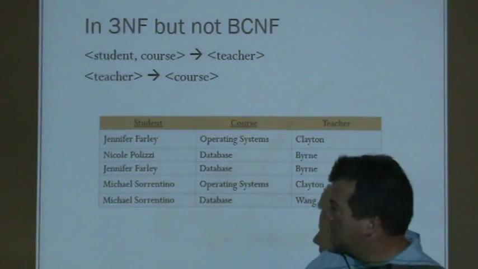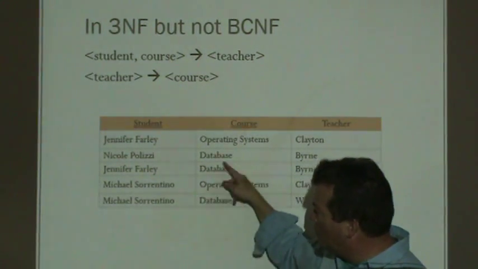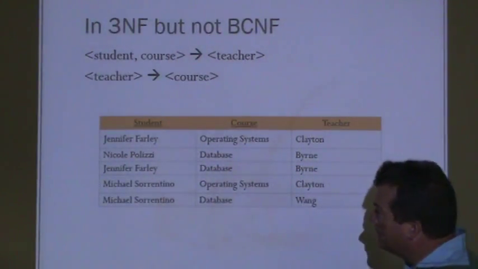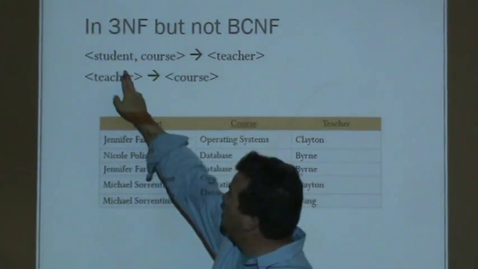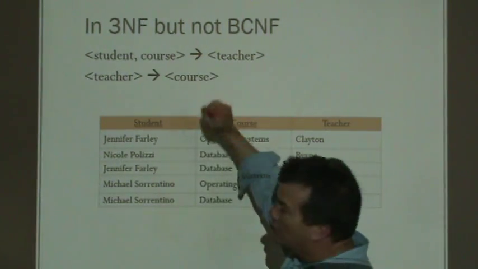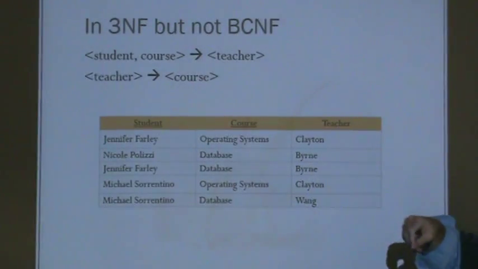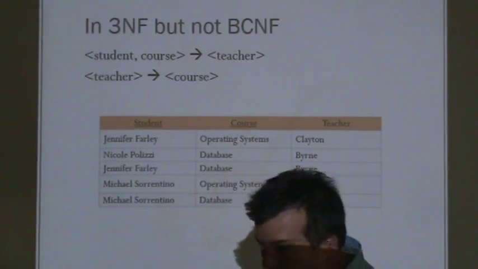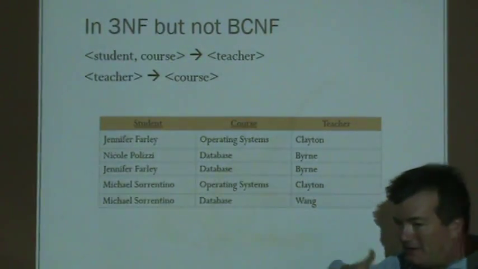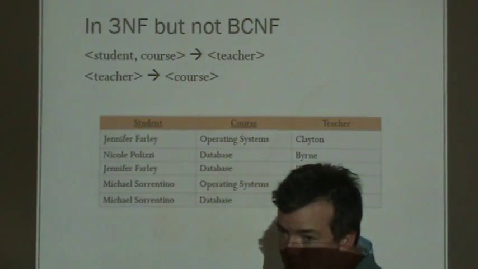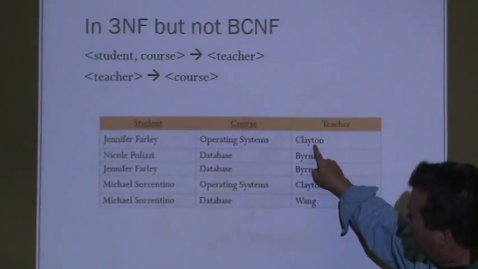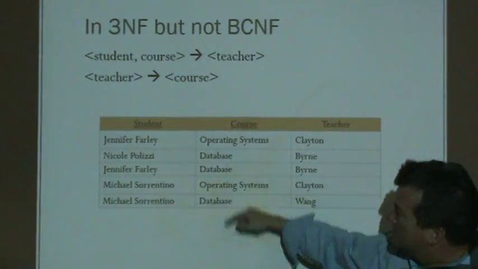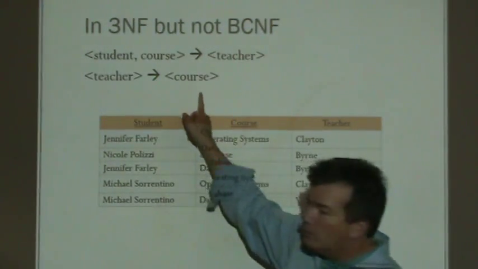And we have a rule that says the same student can't take the same course with two different teachers. So in this case, the student and the course together can tell you who the teacher is. And because this university has a rule that every teacher can only teach one course, the teacher can tell you the course. If you know the teacher, you know the course.